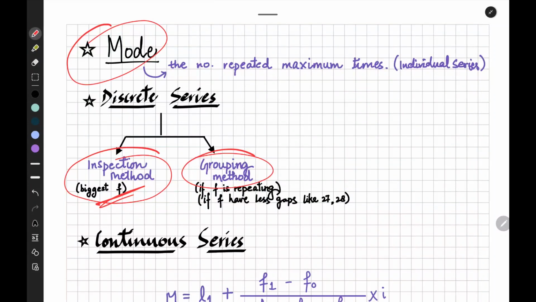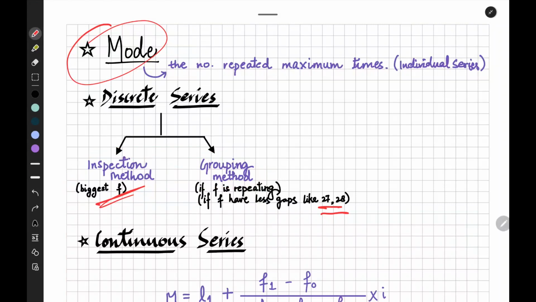For using the grouping method, we have to check two conditions. So we have to check if the frequency is repeating or not, or if the frequency has fewer gaps. So let us check this with an example.